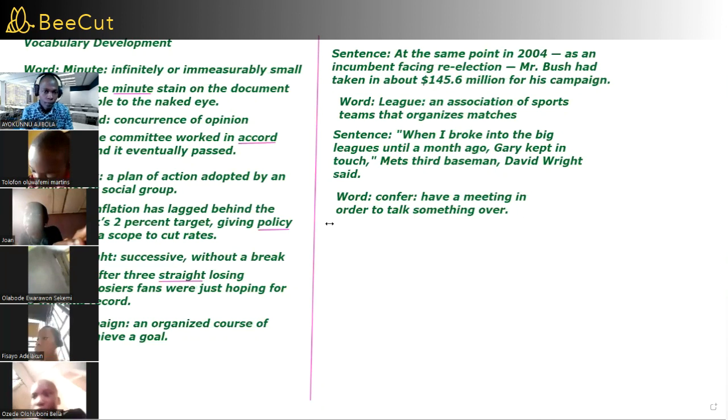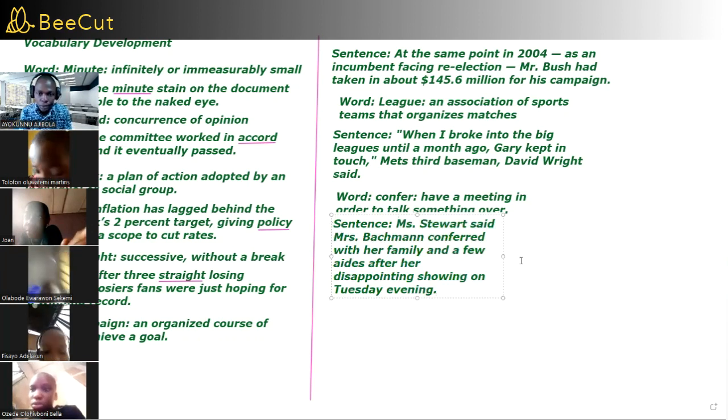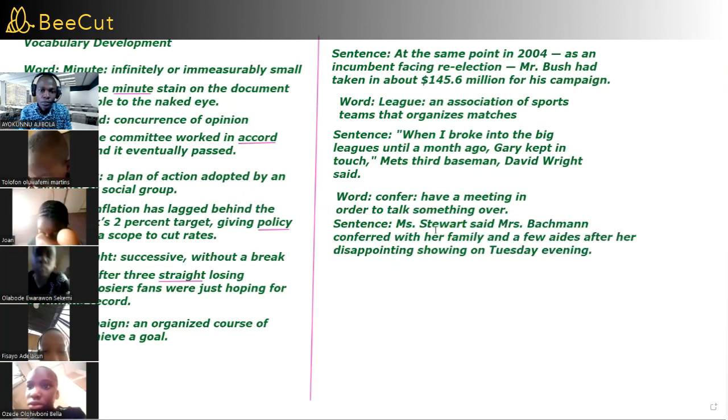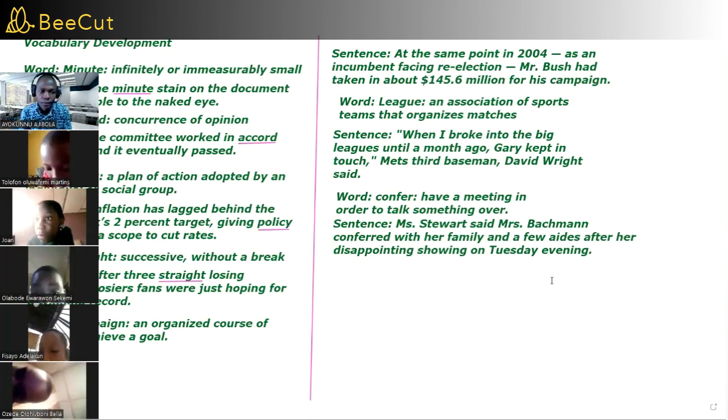Such a long sentence there, you can write it down. Miss Stewart said Mrs. Bachman conferred with the family a few days after a disappointing show on Tuesday evening. Conferred: to meet over something.